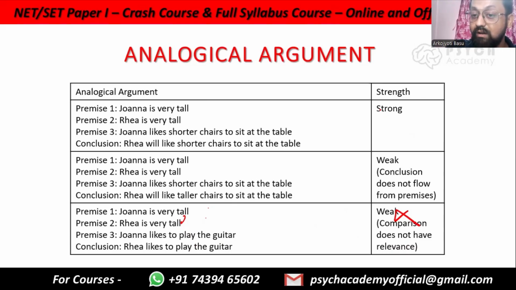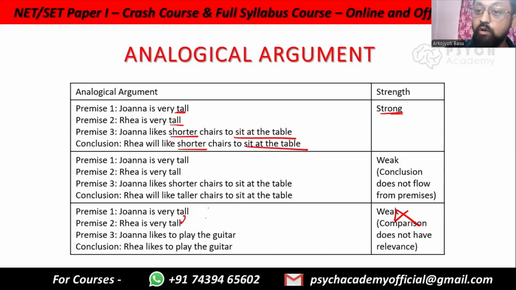And once again, we discuss strength in reasoning, strong versus weak, because it is a kind of inductive reasoning. Out here, Joanna is very tall, Ria is very tall. Joanna likes shorter chairs to sit at the table. Ria will like shorter chairs to sit at the table. This is strong reasoning because being tall, and what kind of chair you like to sit at the table, they are related.